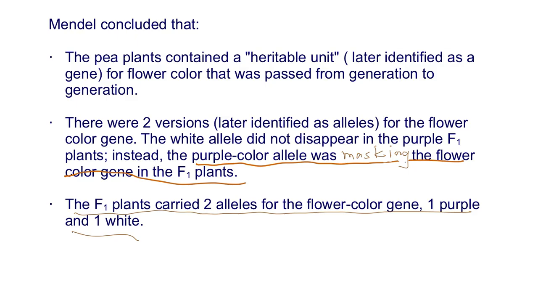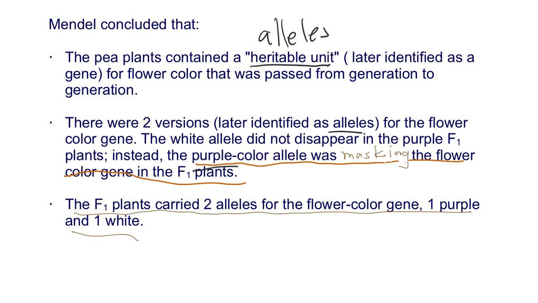So what Mendel found, he said that there were heritable units. We call them alleles. Well, we call them genes, but there's different forms of that gene. He had no idea what a gene was, but he inferred it from his experiments. Okay, so there's two versions of the heritable unit. We call them alleles. There's the white flower and the purple flower.